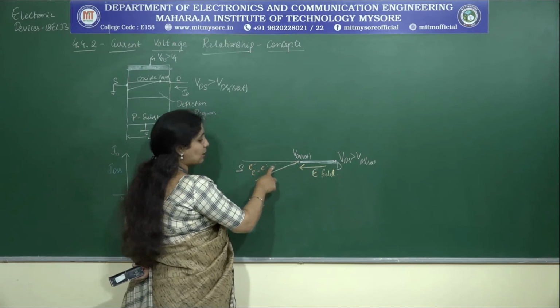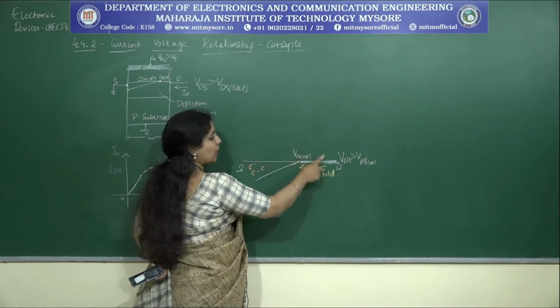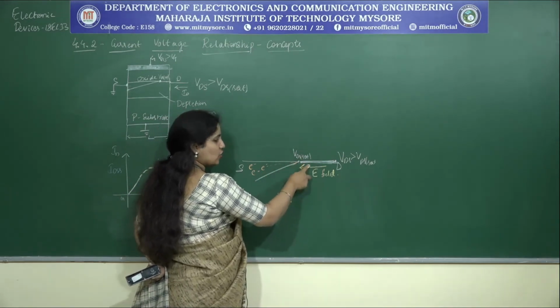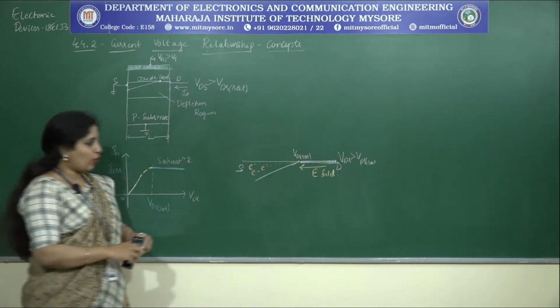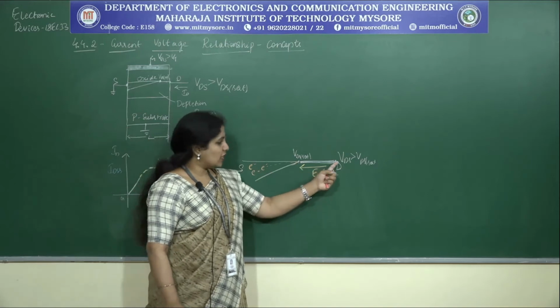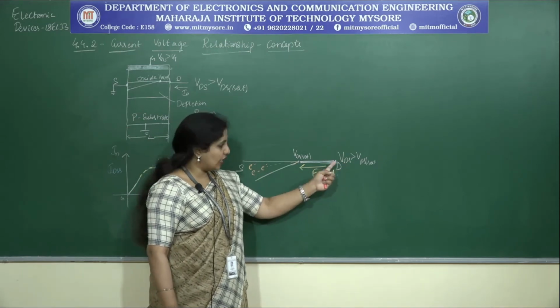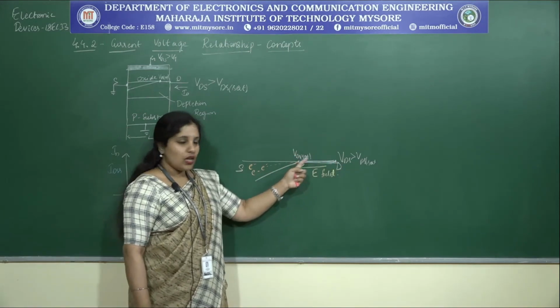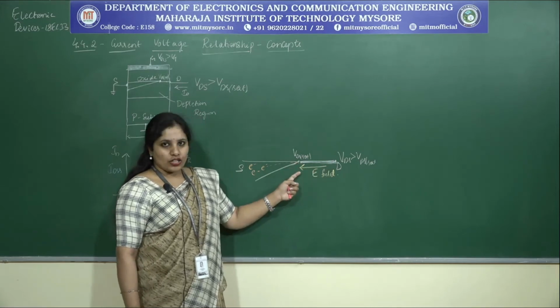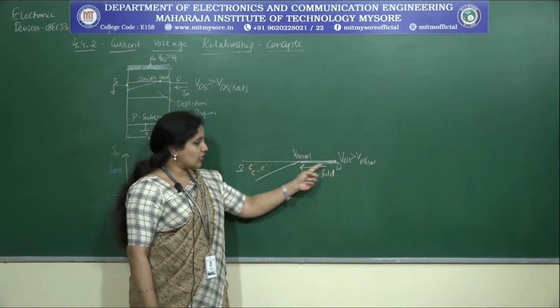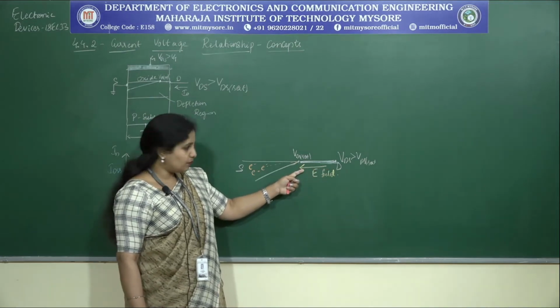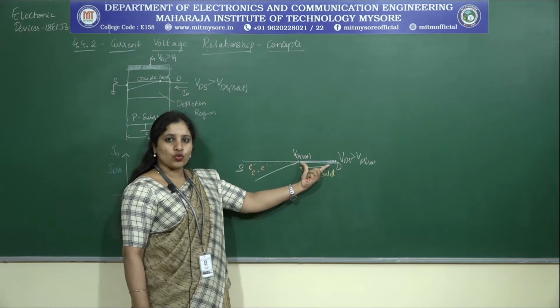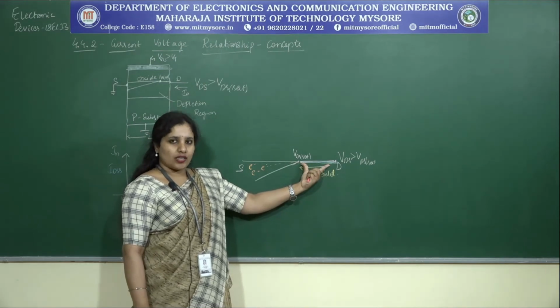As a result, once these electrons reach this region, they get swept to the drain terminal. Getting my point? Let me repeat again. This point is VDS, which is at greater potential compared to this. Higher potential to lower potential is the electric field direction. That is the way I have represented it. So, this is the electric field which is induced across this region where there is no inversion charge present.